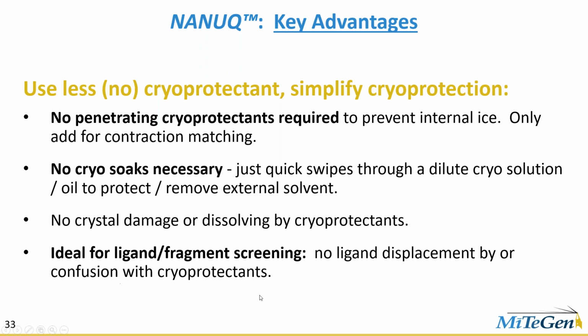And as I've said, it's really great for ligand and fragment screening because you're going to have nice, clean internal density in your solvent cavities. No cryoprotectants in there. And so it'll be easier to recognize if you've got weak binding, for example.